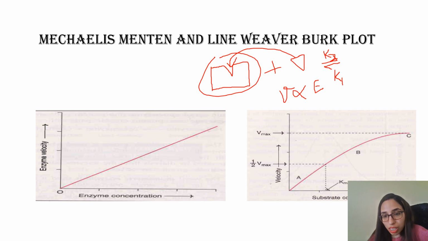Now you can see here that velocity is directly proportional to the substrate. When we increase the concentration of substrate, velocity increases, but it saturates at a certain point. It is like this because when there is no free enzyme, even if we keep increasing the substrate, velocity does not increase beyond a certain point.